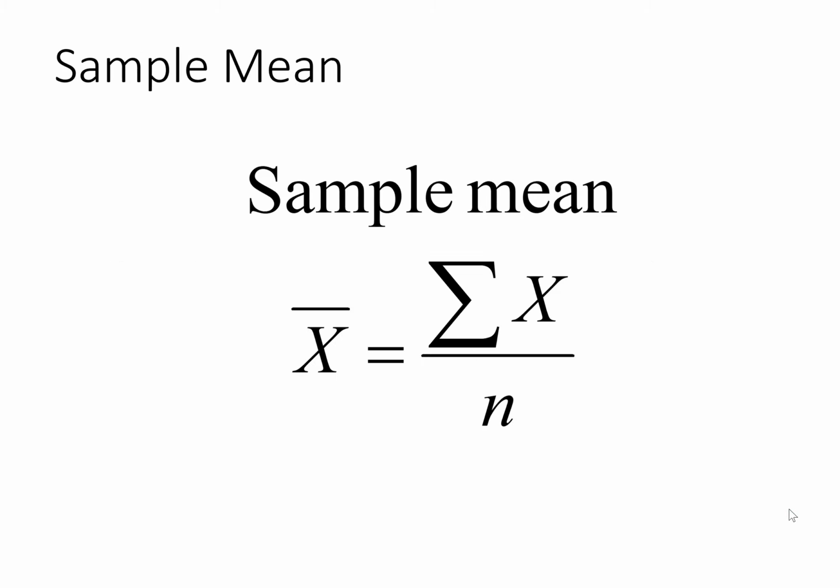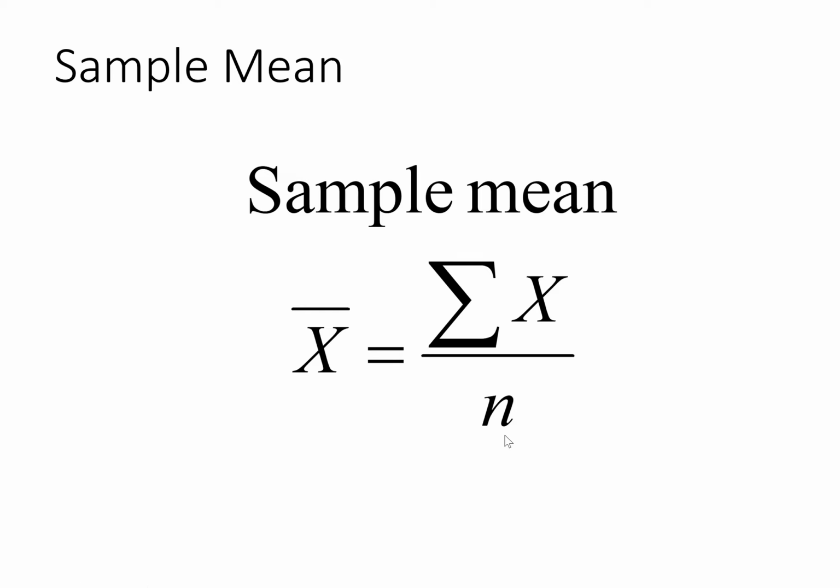In a sample, it is typically symbolized by an x with a bar on top of it. I'll just call that x bar, which is calculated in much the same way. We take the sum of x, so the sum of all the scores, and divide it by the total number of scores.